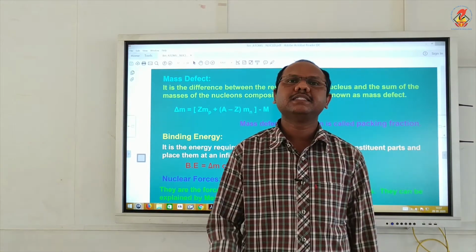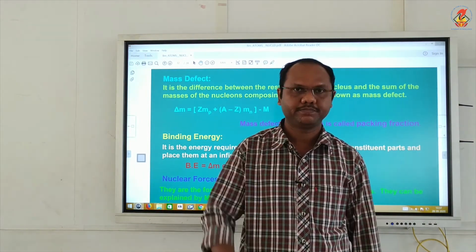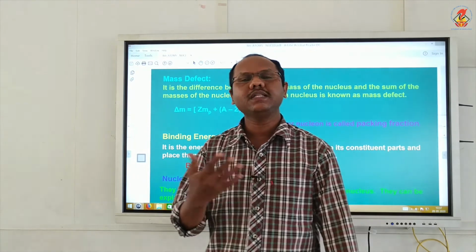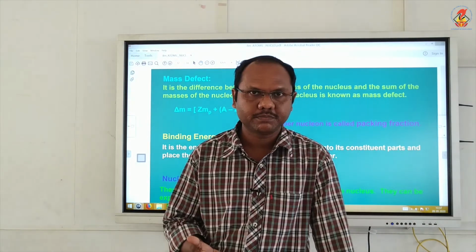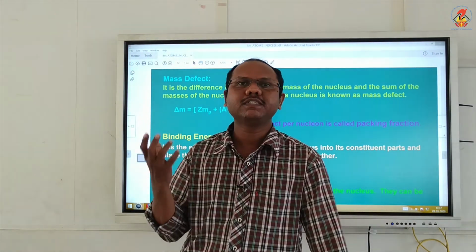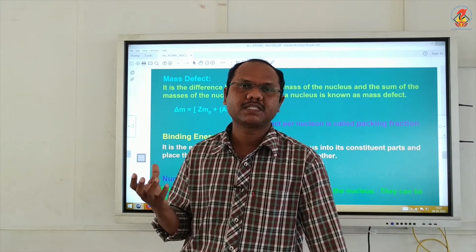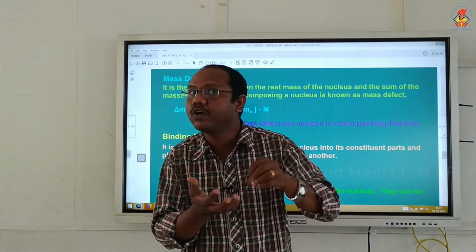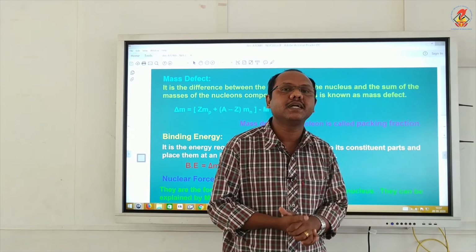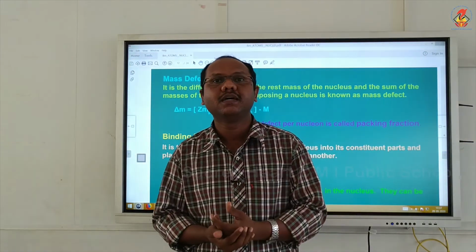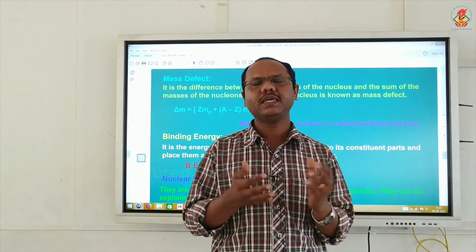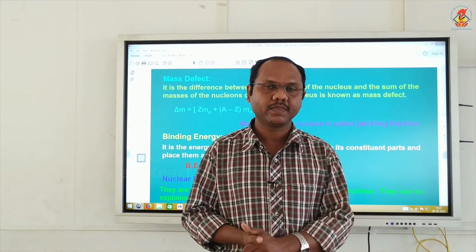So why has this mass defect come? During nuclear formation, some amount of the mass is converted into energy according to the equation E is equal to mc square.